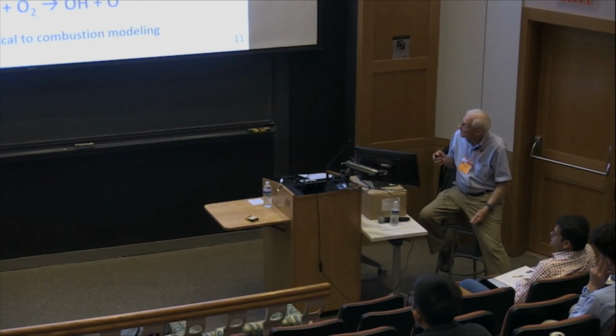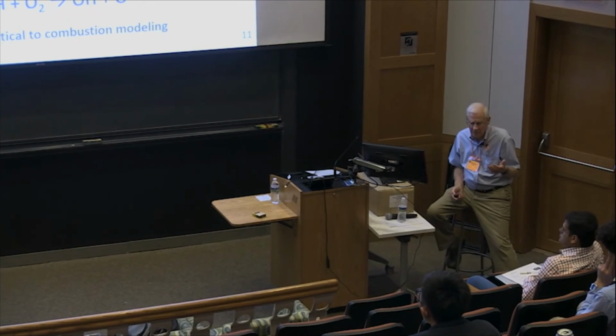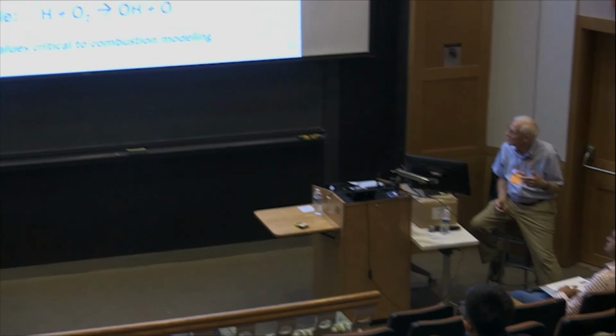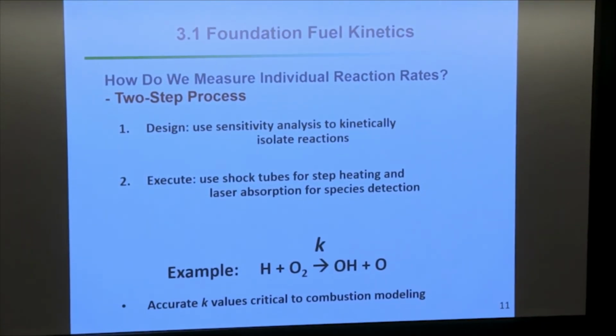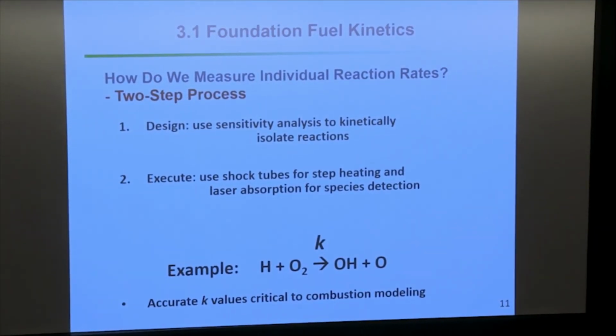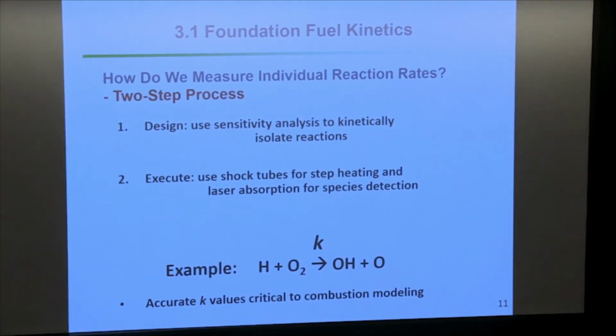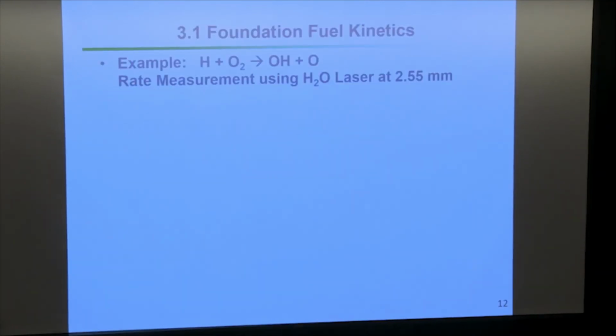And here's an example. So the kinetics modelers will know this is regarded as the most important chemical reaction in combustion. This is the one that shows up in almost every sensitivity analysis. Therefore, you'd like to know it really well. And so it's been a target for years, for decades. And so we've done this.